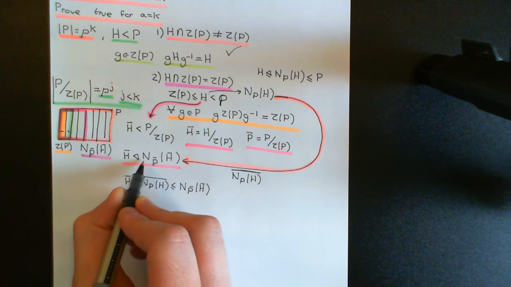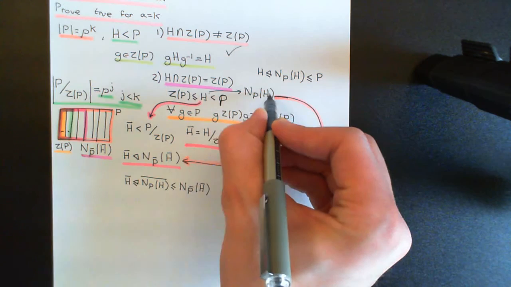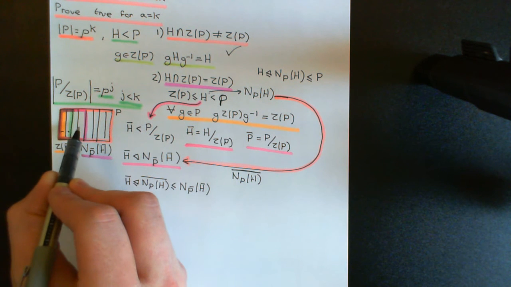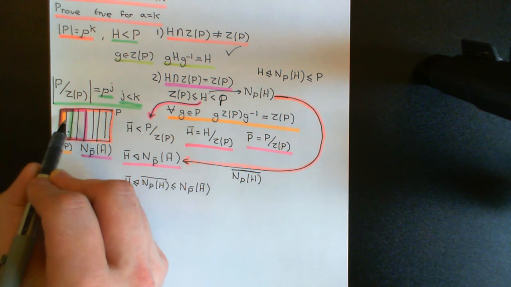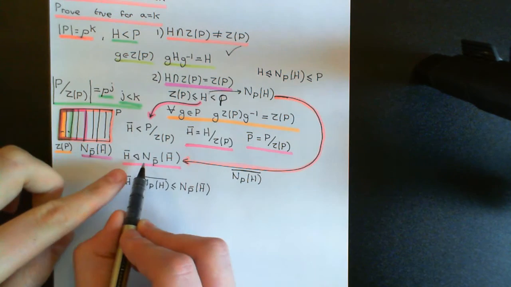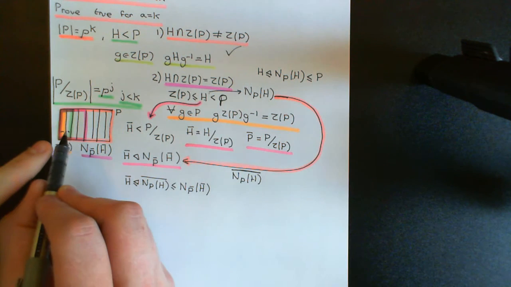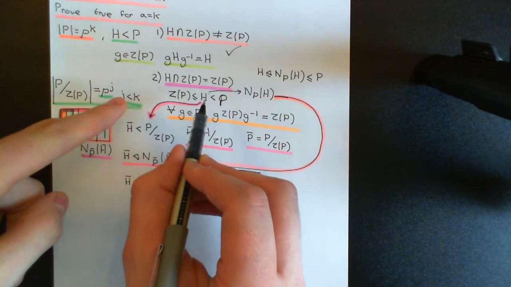Because this is a subgroup of the quotient group, we can then take it back into being a subgroup of P that contains the centre of P, and it will end up containing H, of course. So we can take it back onto the other side, and this then will end up being a subgroup of P that will normally contain capital H, again because normality has to transfer.